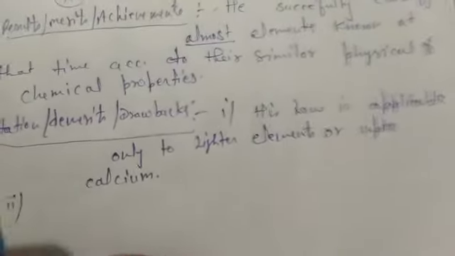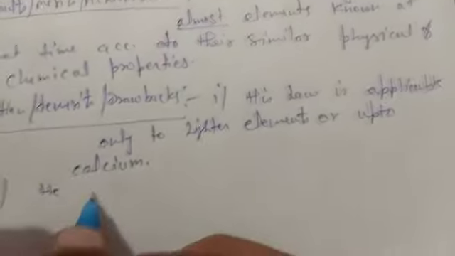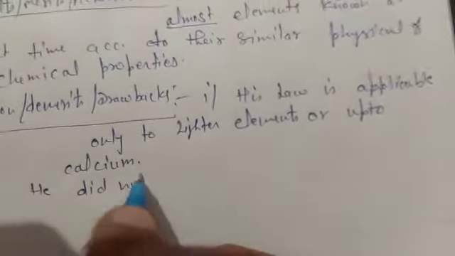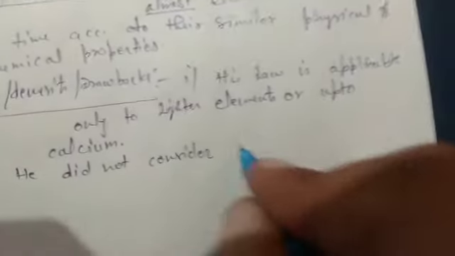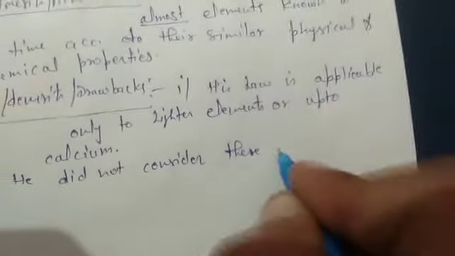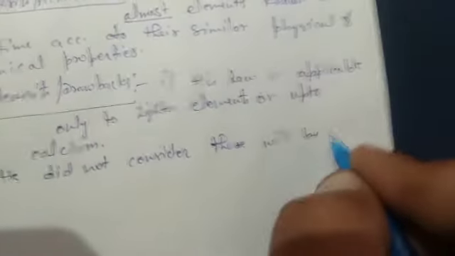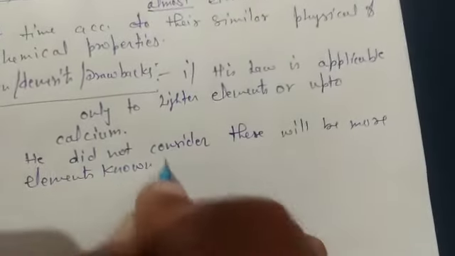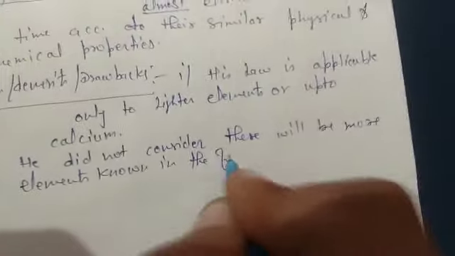Second, you will tell that during classification he didn't consider that more elements would be known in the future. Meaning, he didn't expect that in the future more elements would come into existence.